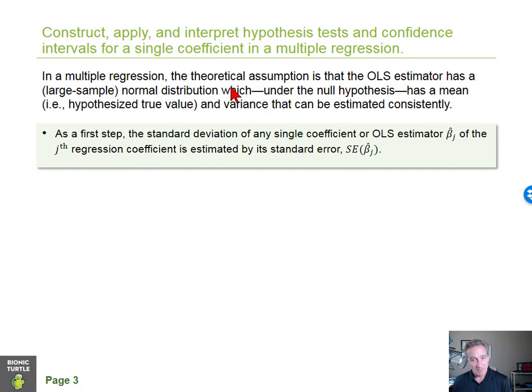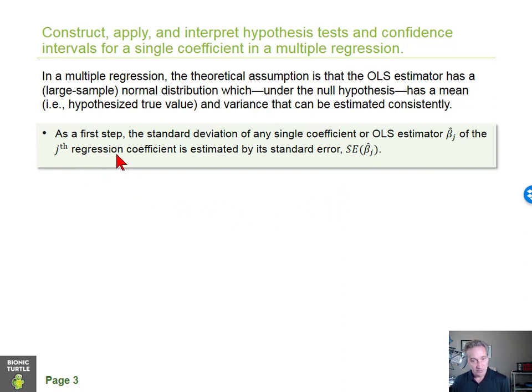And so we have a theoretical assumption that the ordinary least squares estimator has a normal distribution, whose expected mean is the population mean, and a variance that we can estimate consistently.